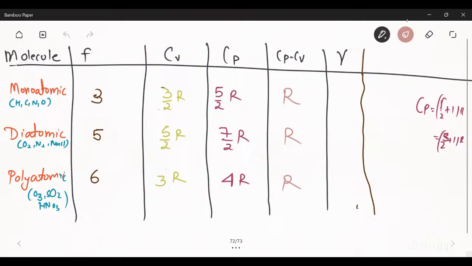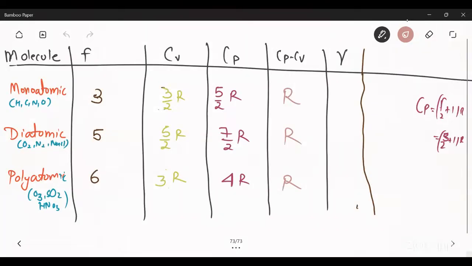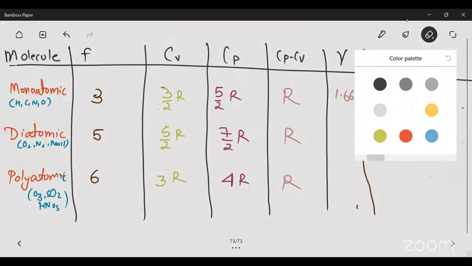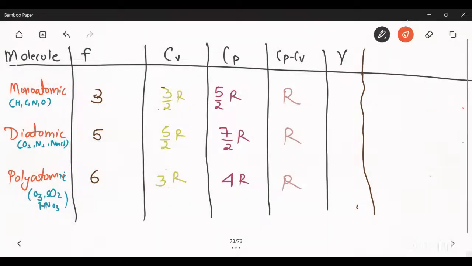Now the gamma. The formula for gamma is 1 plus 2 by F, which is equal to Cp upon Cv. So 1 plus 2 by 3 is equal to 5 by 3, which is 1.66. So the value of gamma for monoatomic is 1.66.